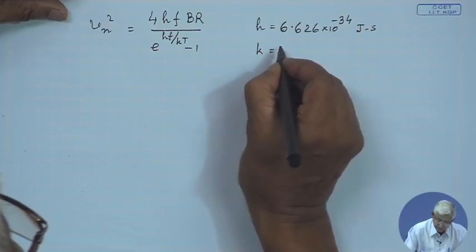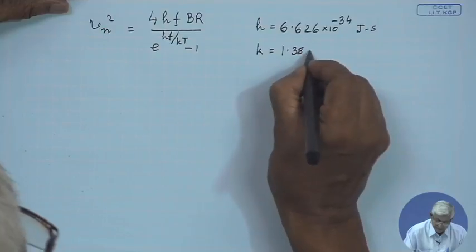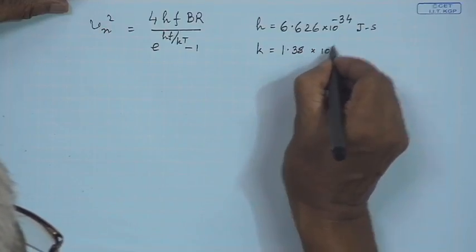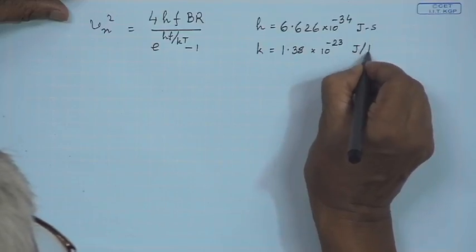K is the Boltzmann constant, 1.38 into 10 to the power minus 23 joule per Kelvin.